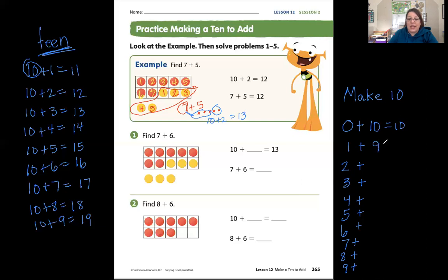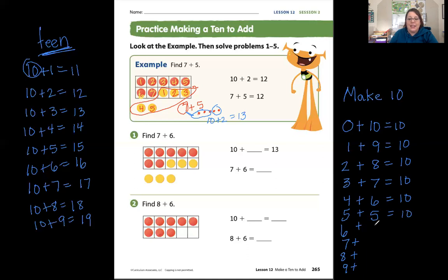1 plus 9 equals 10. 2 plus 8 equals 10. 3 plus 7 equals 10. 4 plus 6 equals 10. Are you starting to see this pattern? 5 plus 5, ooh, there's our doubles, equals 10.